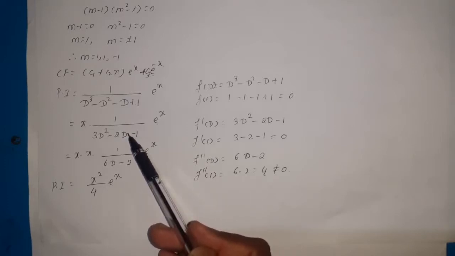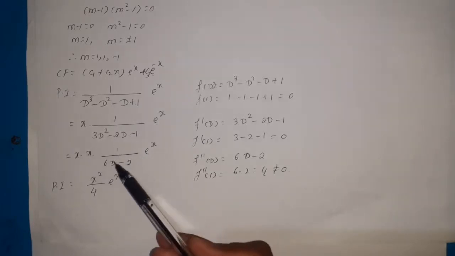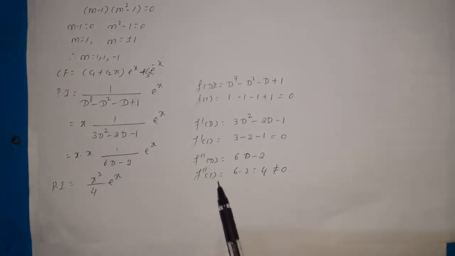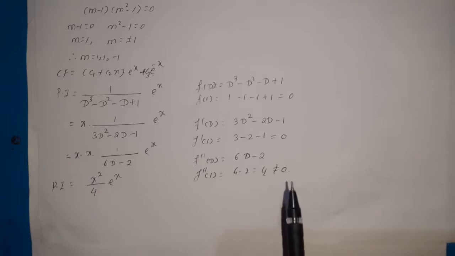Hence again use the same condition, that is x into 1 by the derivative of the denominator, f double dash of D, and put the value of D and verify. So f double dash of 1 is equal to 4, which is non-zero. Therefore x square divided by 4 into e power x. This is the particular integral.